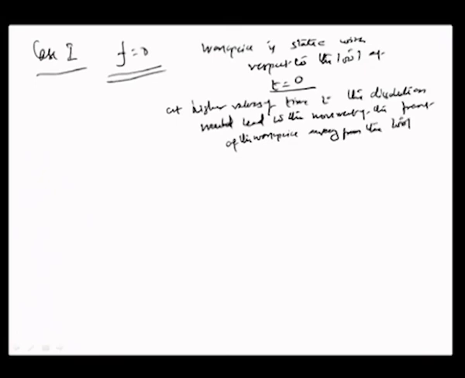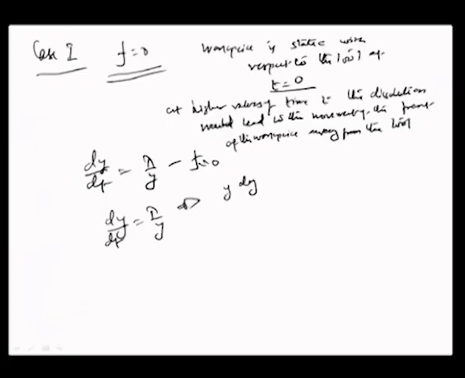So if we substitute this intended value in the equation dy by dt equals lambda by y minus f, f is 0 here, so y dy becomes equal to lambda dt.